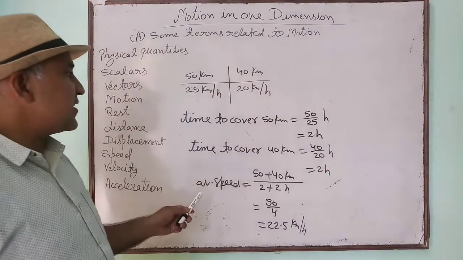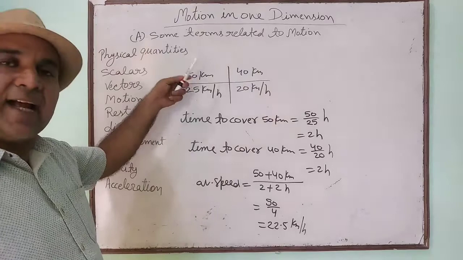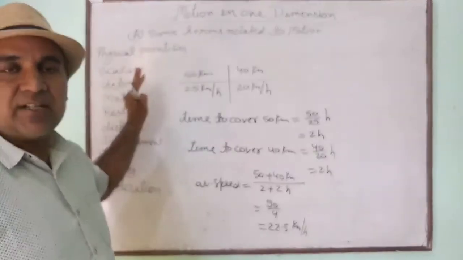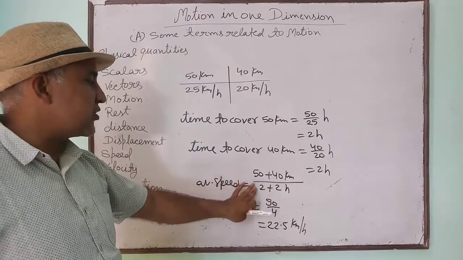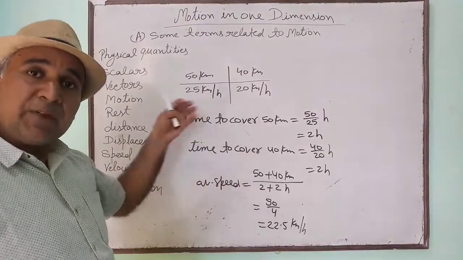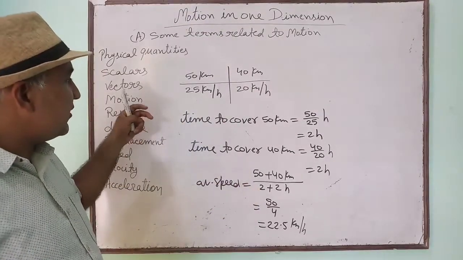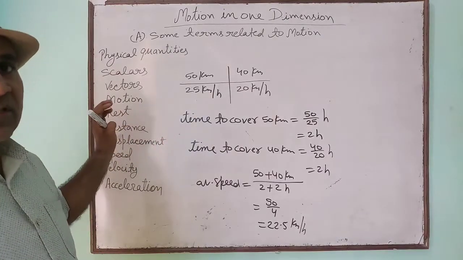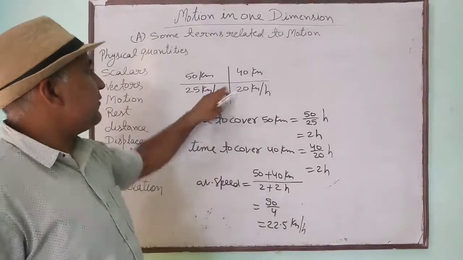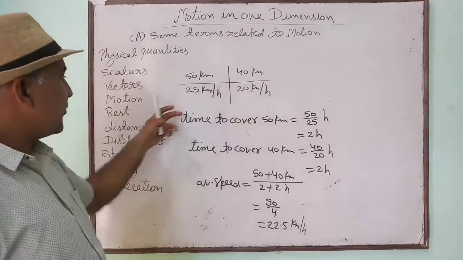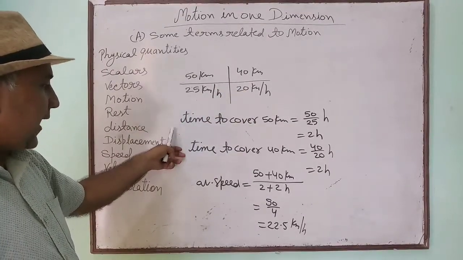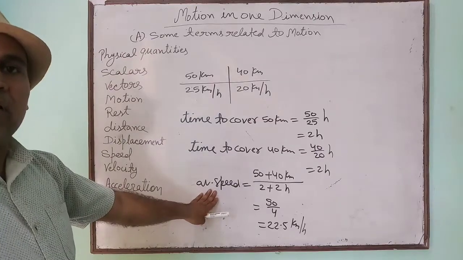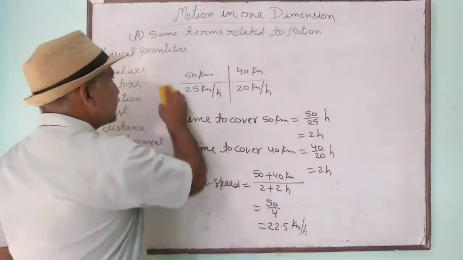How to find the average speed? If total time and total distance is given, then directly we can apply average speed is equal to total distance upon total time. But if it is not given, then first we will find the unknown terms. Like here, distance is given but time is not given. So first we have found time in both distances, and then we will apply the formula for average speed. Okay?